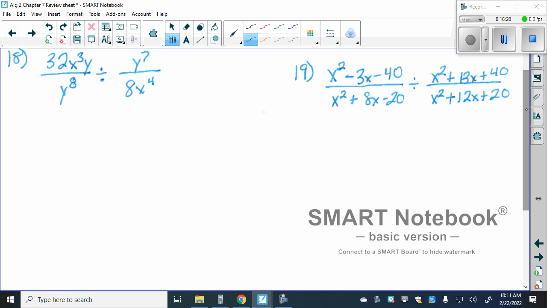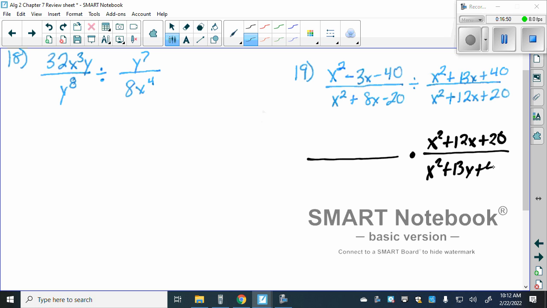With division, if you feel comfortable factoring and flipping all at the same time, you can go on and do that. But one of the biggest things you'll definitely need to make sure with the division problems is that you do change it from division to multiplication and flip the second one, so that we have our x squared plus 12x plus 20 and our x squared plus 13x plus 40.